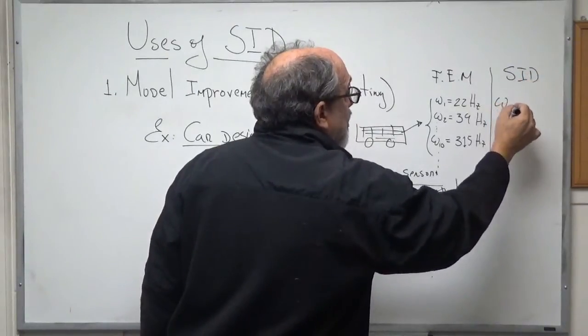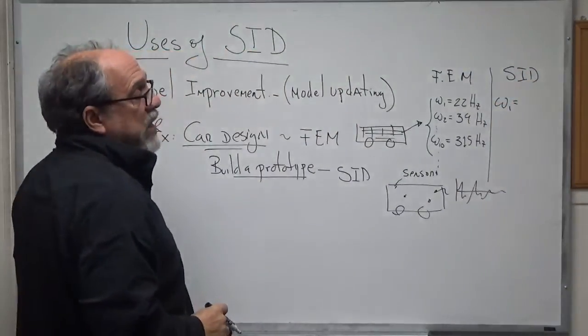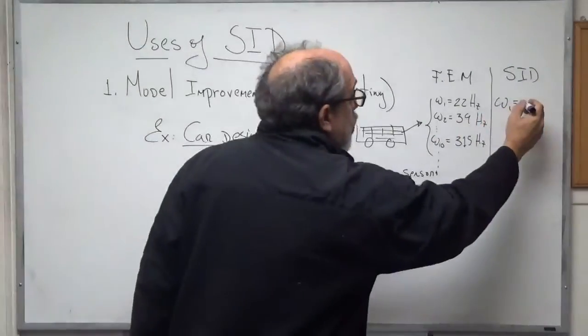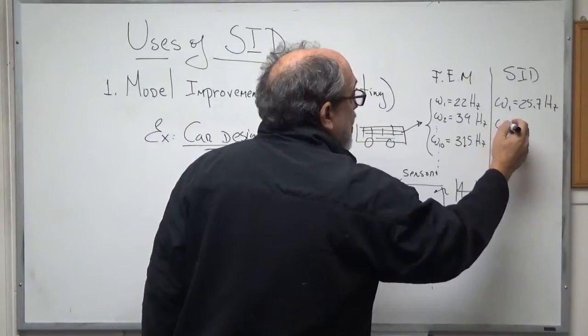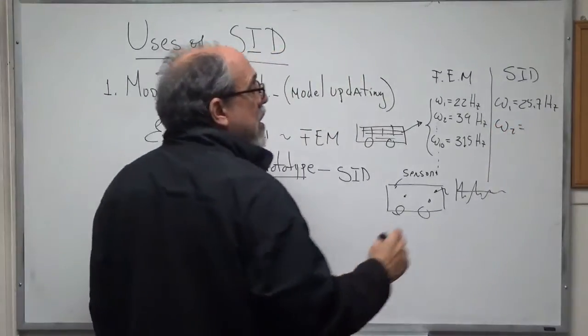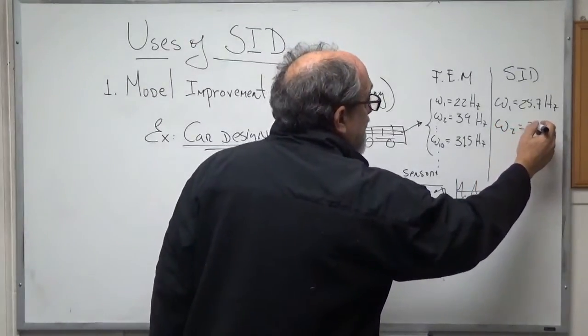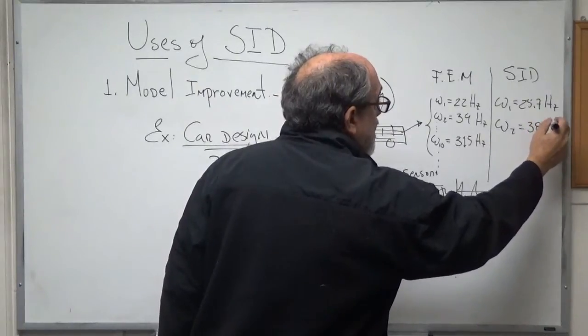you find that the frequency of the first mode was not really 22 hertz, it was 25.7 hertz. And the frequency of the second mode was not 39 hertz, it was actually 38.7 hertz.